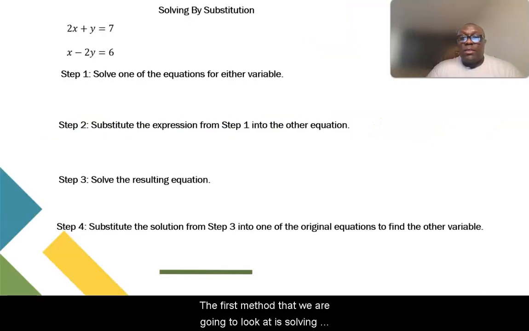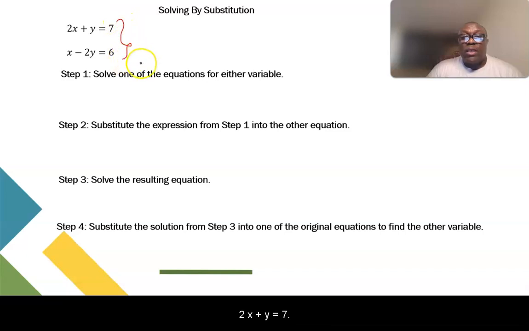Now, the first method that we are going to look at is solving systems of equations by substitution. If you are given a pair of equations like we have here, that is 2x plus y equals 7 and x minus 2y equals 6, the very first step is to solve one of the equations for either variable.